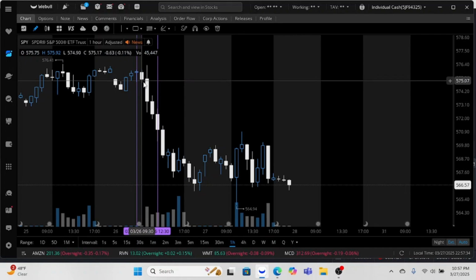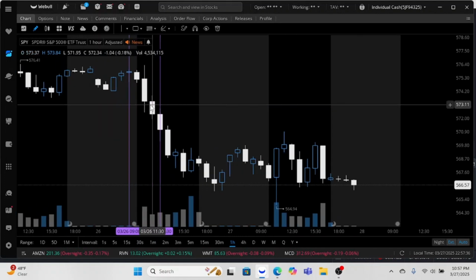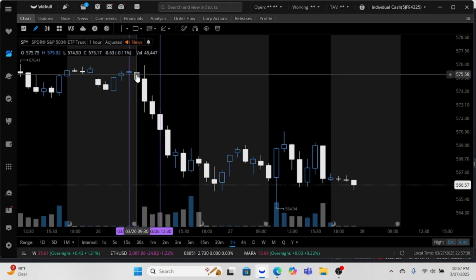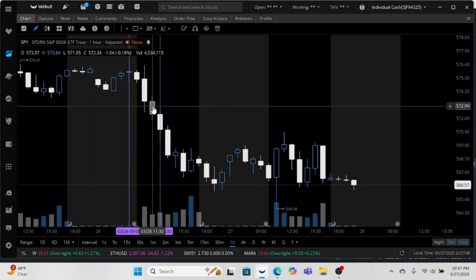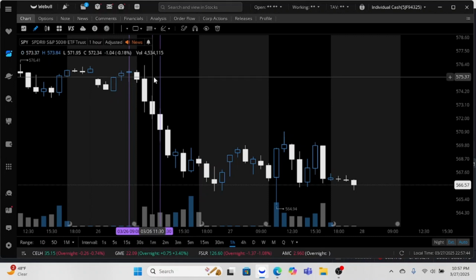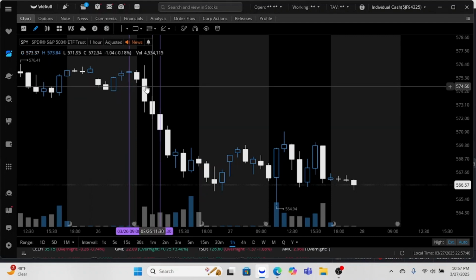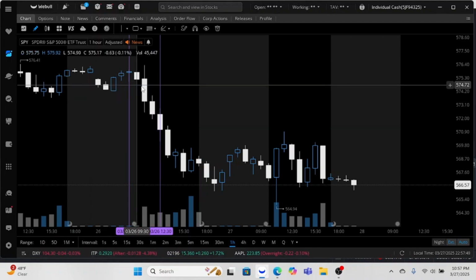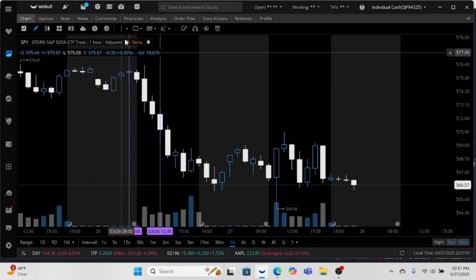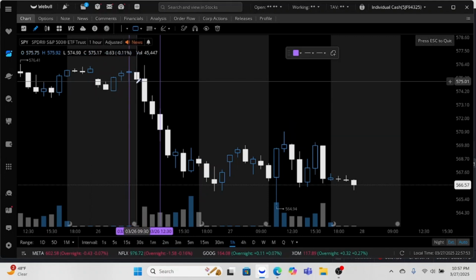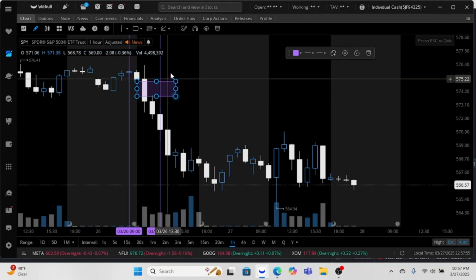We will mark those as candle number 1, candle number 2, and candle number 3. So the fair value gap is the gap in between price. So this little gap right in here.